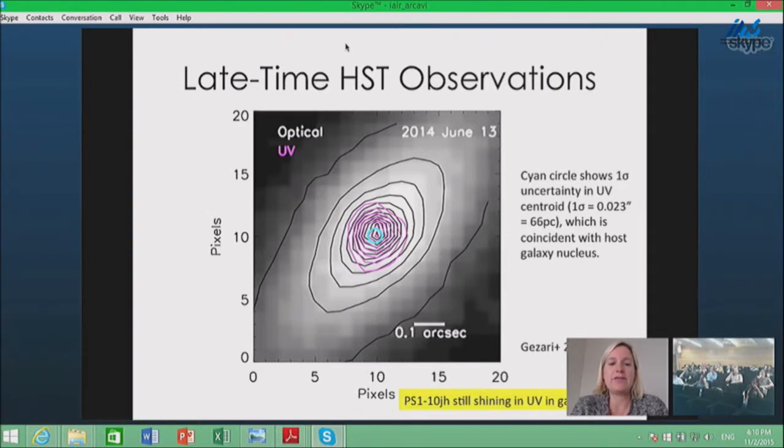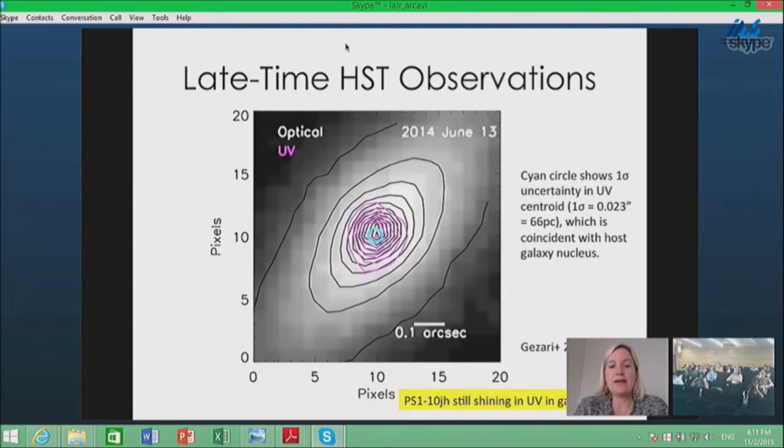With careful astrometric registering of reference stars in the field, you can register the optical and UV images, and the cyan circle shows the 1 sigma uncertainty on the centroid of that magenta point source in the UV, and you can see that it's coincident with the nucleus of the host galaxy.